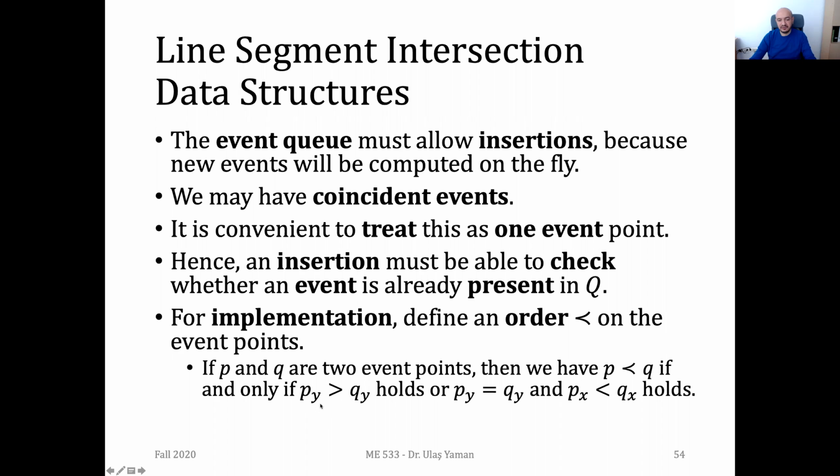If they have the same Y coordinate, as we discussed, then we will handle the one having the smaller x coordinate first and then the other one. This is the summary of what we have discussed a moment ago. So with the help of this order, we will be putting all these events into our data structure.